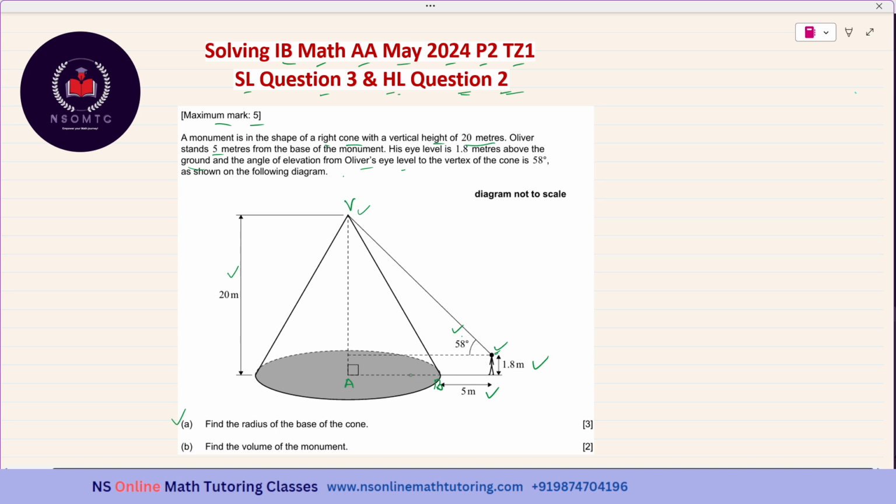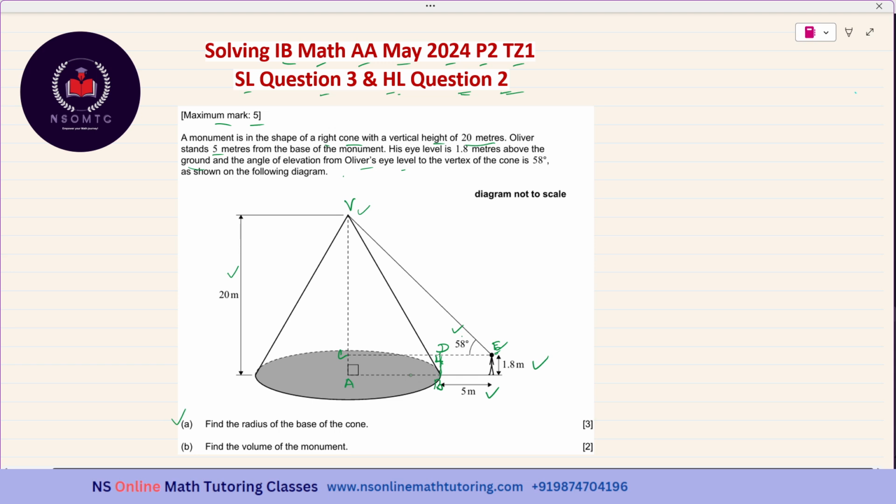I can take this right angle triangle, maybe this is C, and drop a perpendicular from point B, and the foot of the perpendicular will be D. ABCD is a rectangle because AB is equal to CD, which is the radius of the cone. And let me name Oliver's eye level point as E.